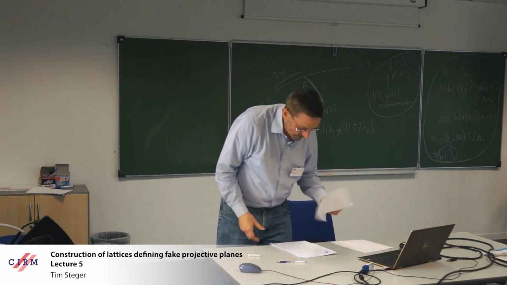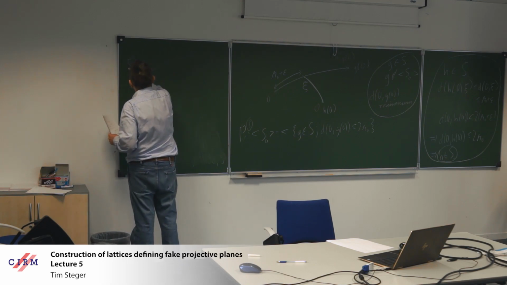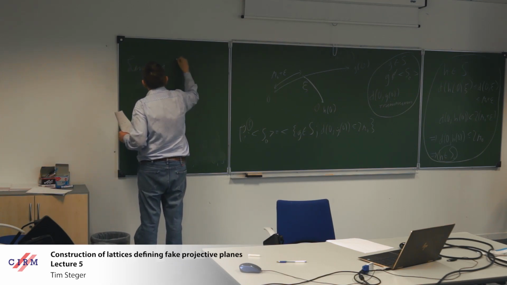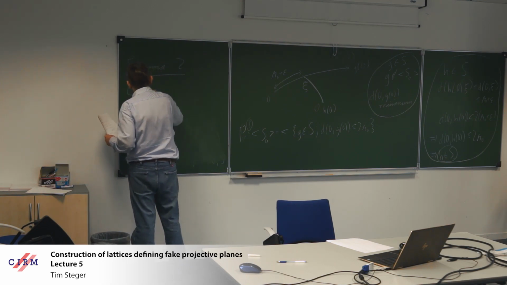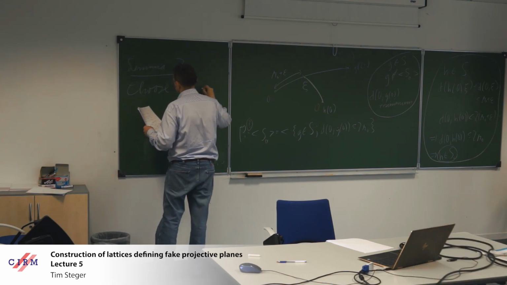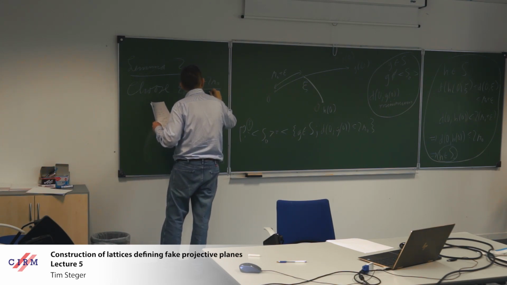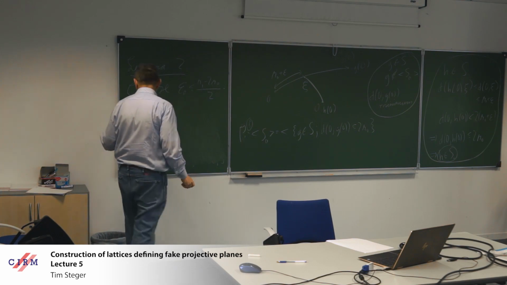Good heavens. So Lemma 2. Choose epsilon 0, which should be less than or equal to R1 minus 2R0 over 2. It turns out that this is what's needed.